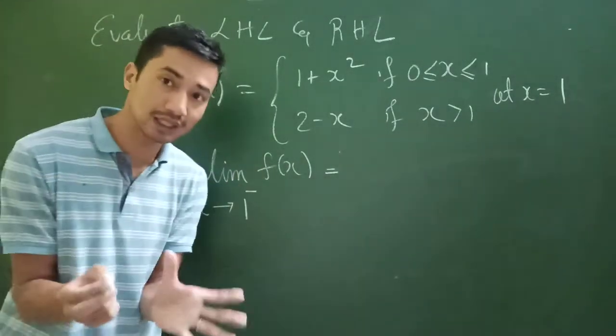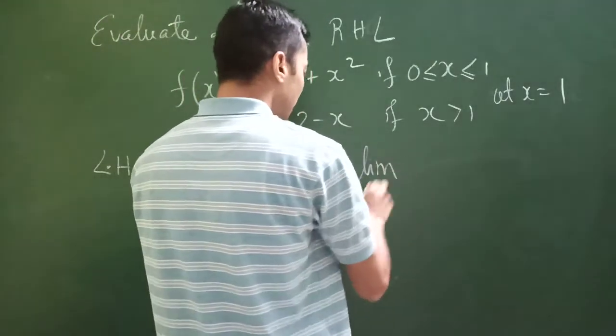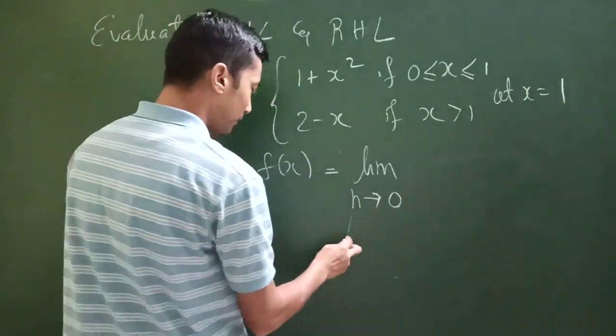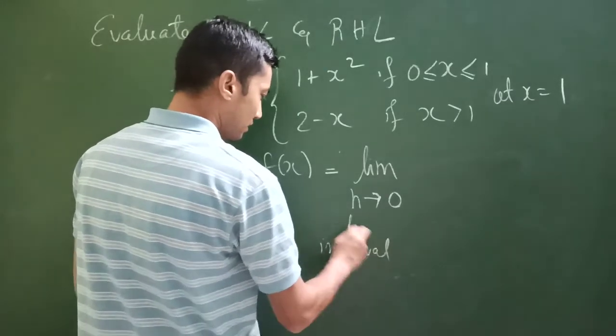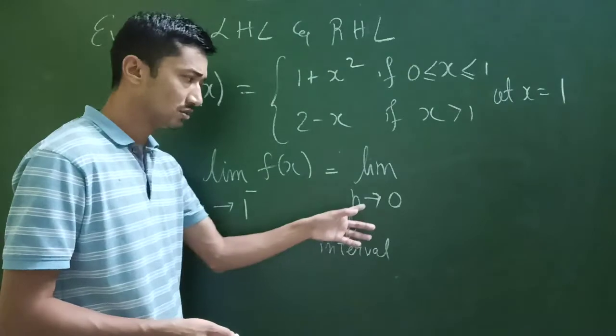So in general, what we do is, we take for a limit an interval, that is h tends to 0. This is just an interval, very close to 0, very small.